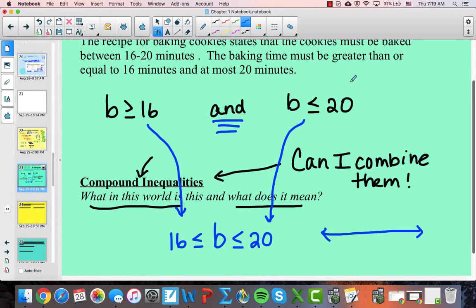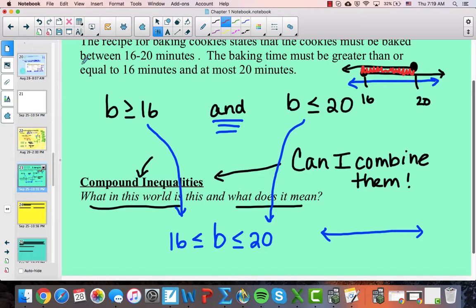if I graph it individually, let me do that first. I've got B's less than or equal to 20, so I have that. And B's greater than 16, so here's 20 and here's 16, I have that. The answer to the inequality is actually the overlap. It's everything in between, because this is what has to happen.